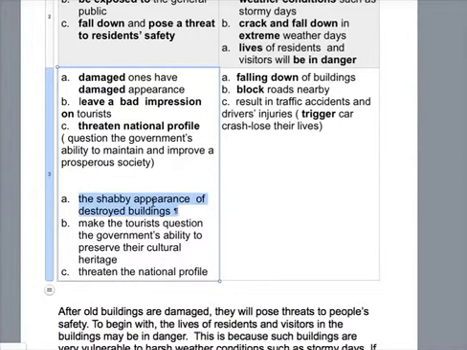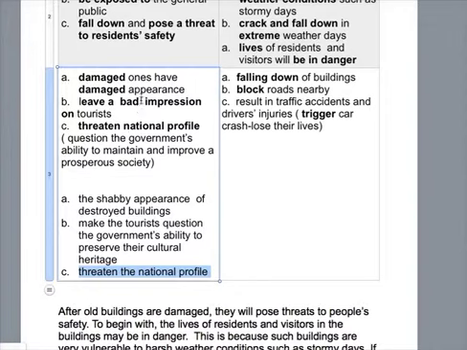The shabby appearance of destroyed buildings make the tourists question the government's ability to preserve their cultural heritage. So this is number B. Then what will happen? You started to think about, well, does the government really have the ability to protect their culture? The government doesn't care about anything. Then what will happen? Threaten the government, the national profile. The national profile means how good a government is or how good a country is.